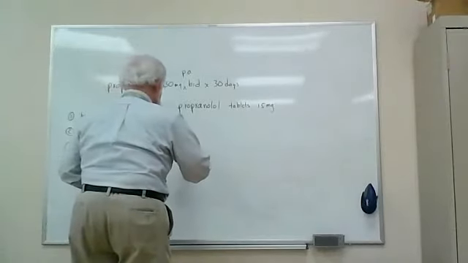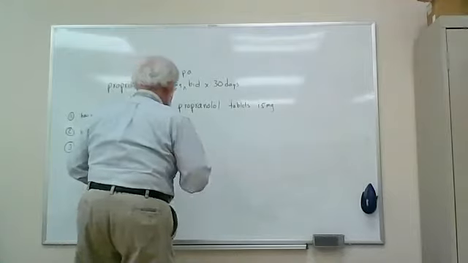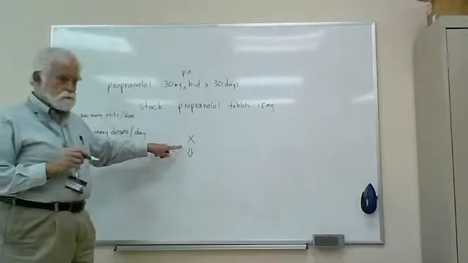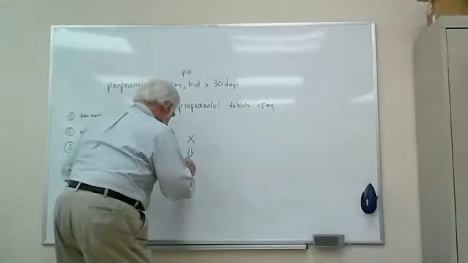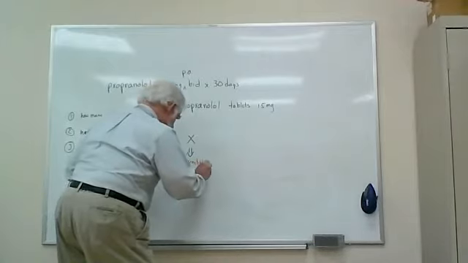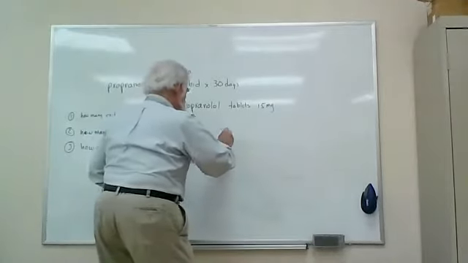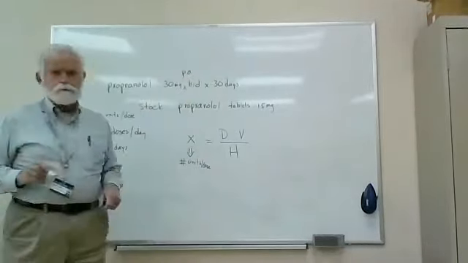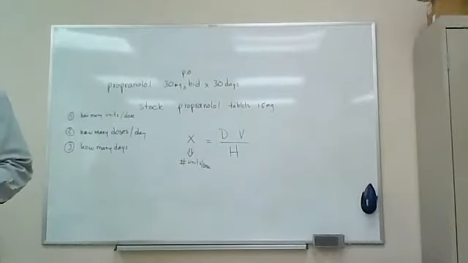If you remember something, X, which is the number of units of drug per dose, equals D times V over H. This will solve by itself many of the dosing questions you have.